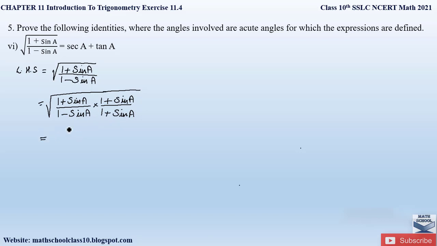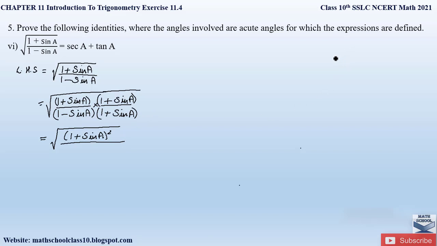Here you can notice in the numerator we have 1 plus sin a into 1 plus sin a. So this will become 1 plus sin a the whole square. And in the denominator, it is of the form a minus b into a plus b.